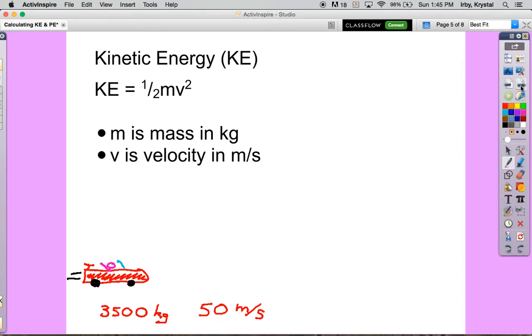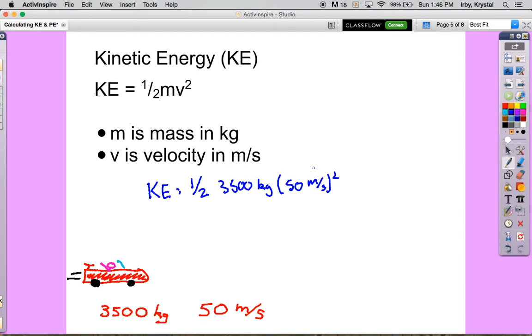To do kinetic energy, here I am in my dream convertible waving at you all, and the mass of the convertible is 3,500 kilograms, and I'm cruising down the freeway at 50 meters per second. So what is my kinetic energy? Well, I take kinetic energy equals 1/2 the mass, which is 3,500 kilograms, times 50 meters per second, and I'm going to square that value.